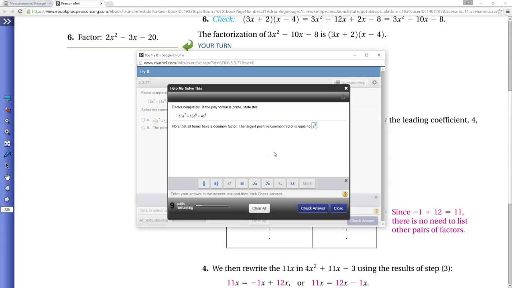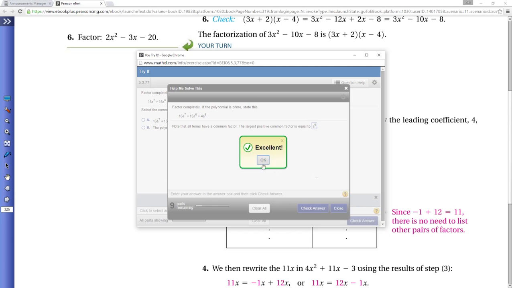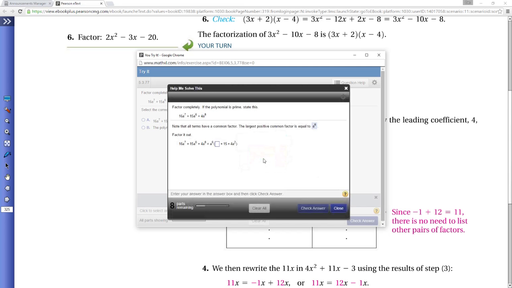is our largest positive common factor, and I want to check that. And I was right. Okay. So now I have a new trinomial, and they still left it in this order, which is fine. I'm just saying a lot of times it's more comfortable to do the terms in descending order.